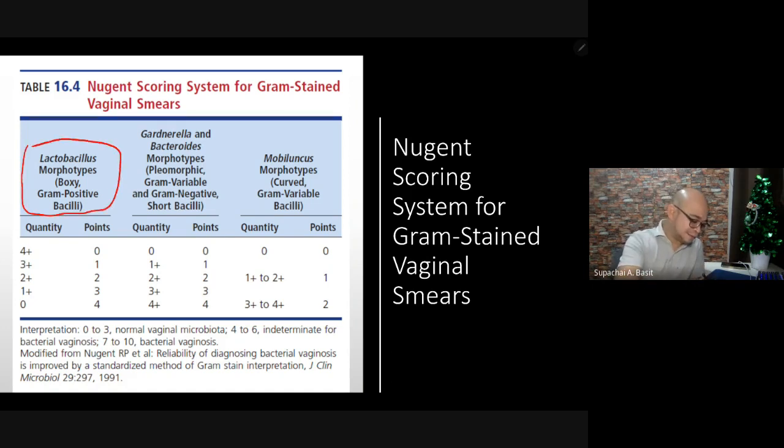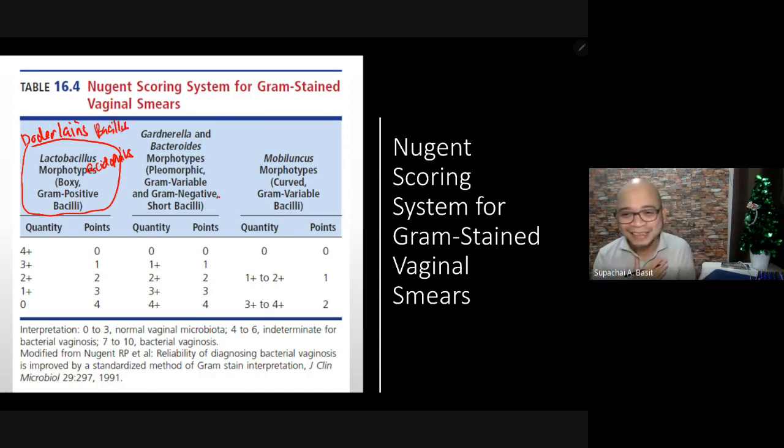Lactobacillus, if you remember, I introduced this to you a while ago. Lactobacillus acidophilus is a normal vaginal flora. This is the Döderlein bacillus. This is what we need.